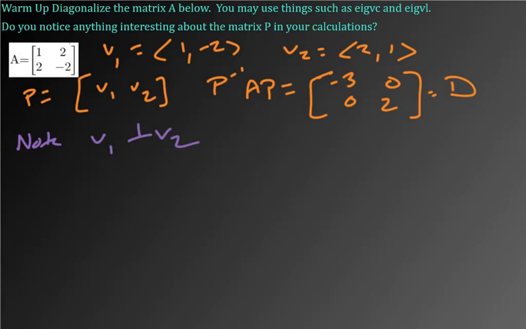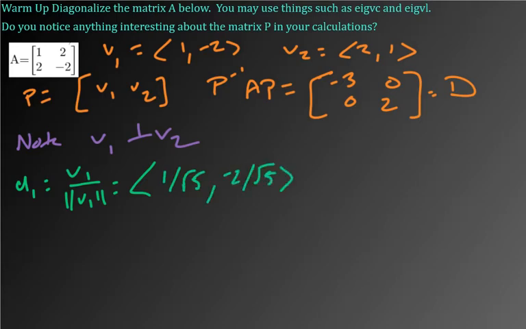You could normalize these vectors. So u1, which is v1 over the magnitude of v1, is 1 over root 5, comma, -2 over root 5. And then u2 is v2 over the magnitude of v2, which is 2 over root 5, and then 1 over root 5.